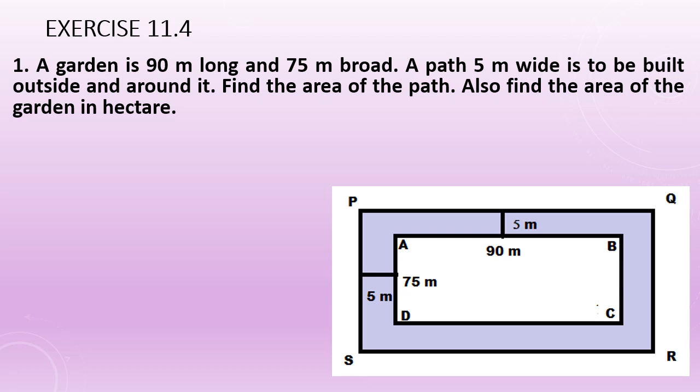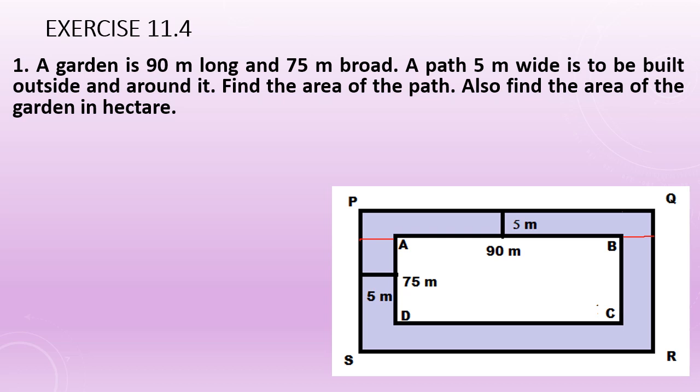See here, it is given in the question, 5 meter wide path is built outside the garden. So whenever it is given outside, you have to add. To get the length, you have to add 5 meter here and similarly 5 meter here also. So total 5 plus 5, 10 meter you have to add.